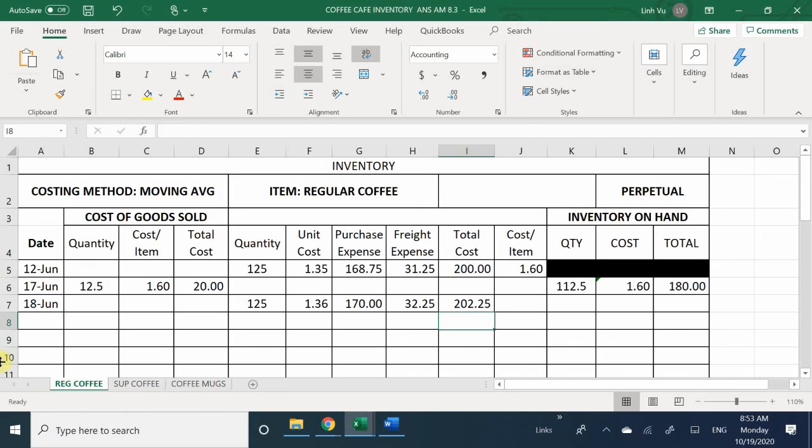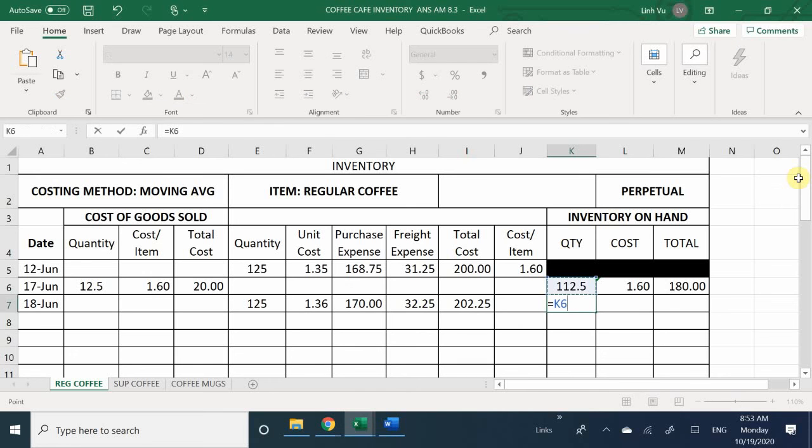Now we have to update our inventory. Inventory would be 112.5 plus 125, 237.5.